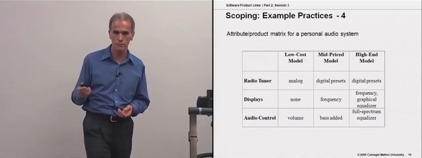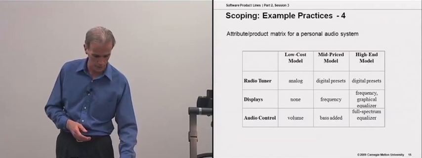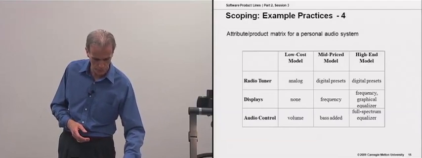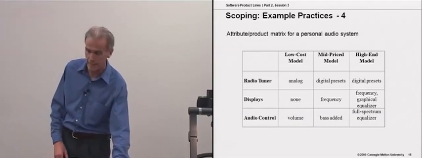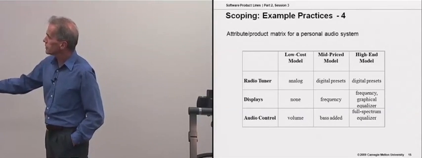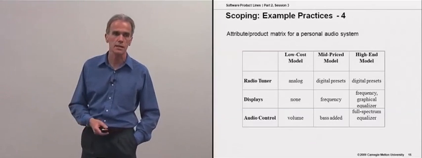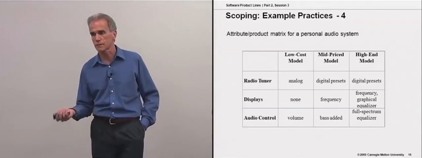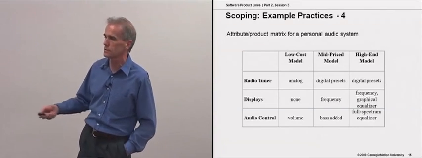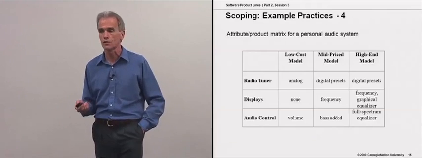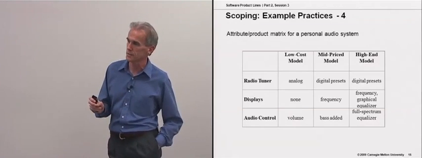In fact, this approach of using an attribute product matrix is part of a scoping method from the people at Fraunhofer, where they have numerical functions associated with each cell of the table aimed at maximizing or minimizing a particular quantity, like maximizing the amount of reuse and minimizing development time, or whatever it is, kind of like a mini COCOMO model for each cell in the table.